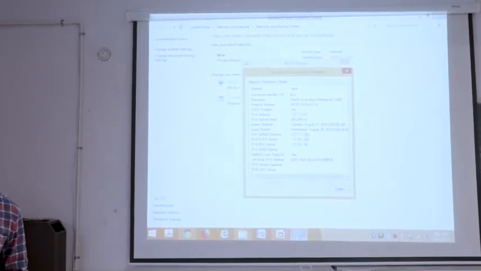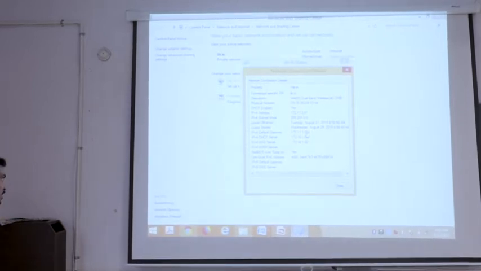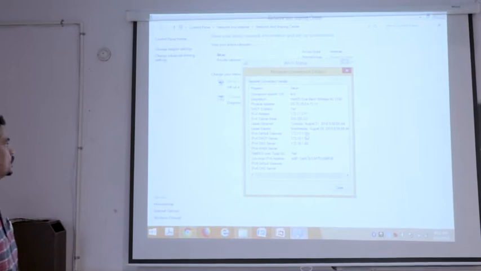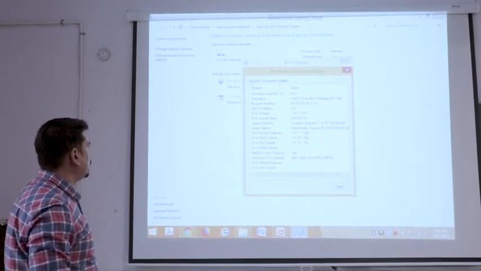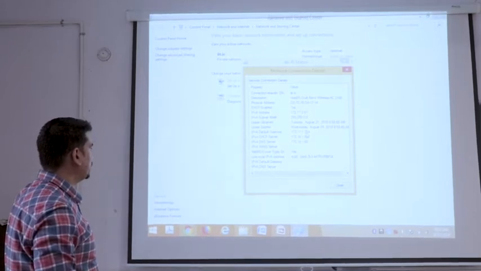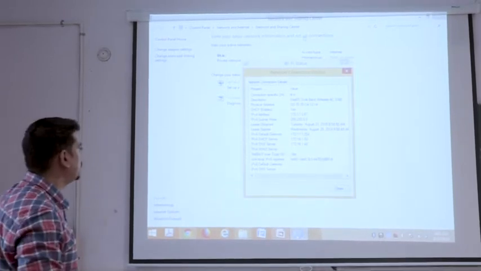And what is the IP address which is a unique IP address, you know? Which is the unique IP address? Would anyone tell me? That is for the DNS server. So we have two types of servers.